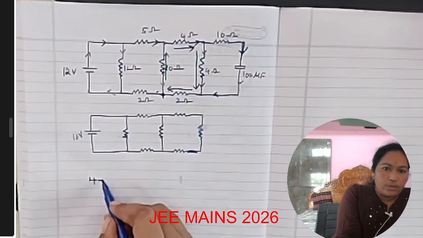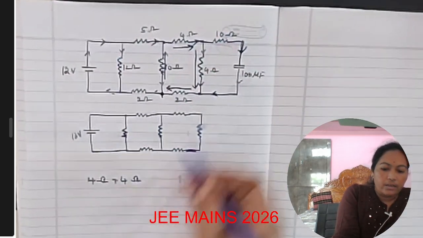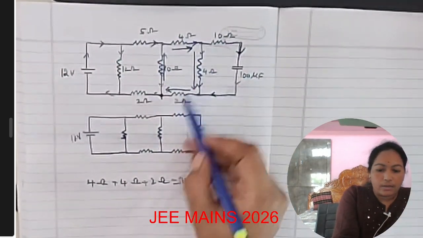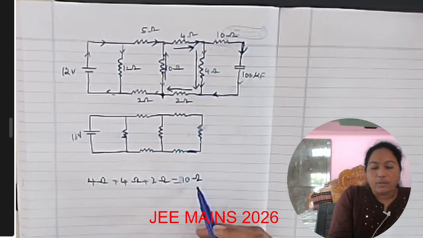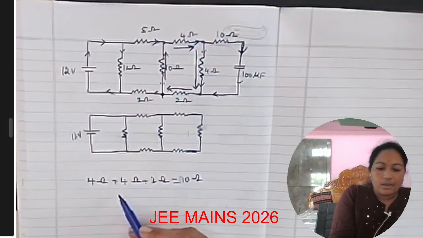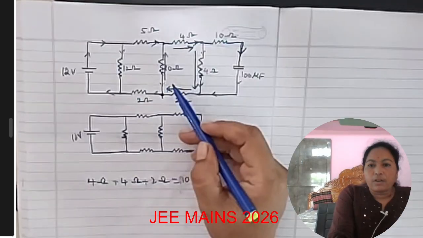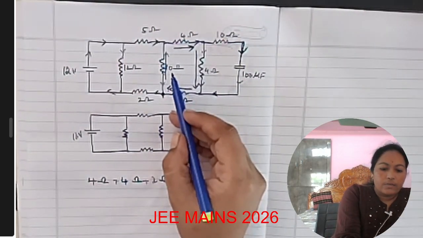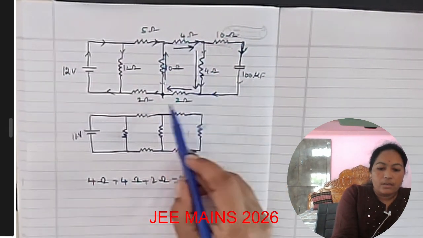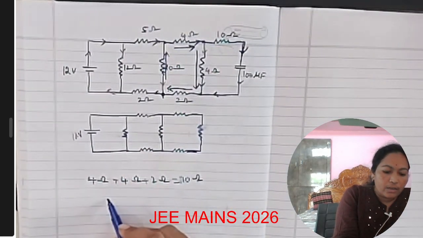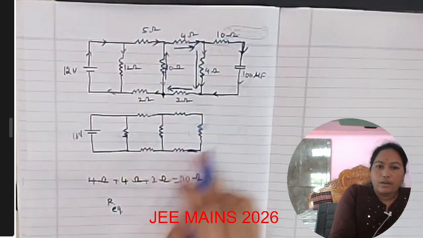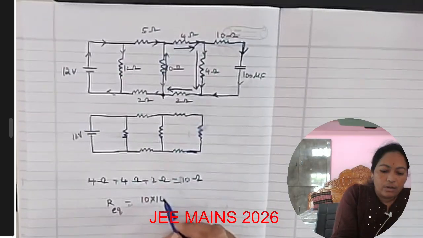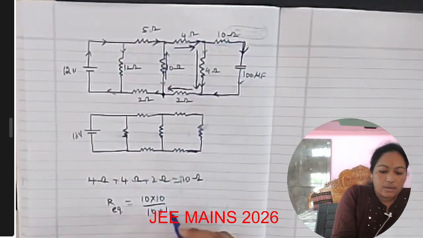Let us find out the total value of these three resistors. 4 ohms plus 4 ohms plus 2 ohms are in series connection, so it is 10 ohms. The total resistance of the rightmost three resistors will be 10 ohms, and with these three resistors, this 10 ohm resistor will be in parallel connection. So let us find the equivalent resistance of these four resistors: 10 into 10 by 10 plus 10 ohms.